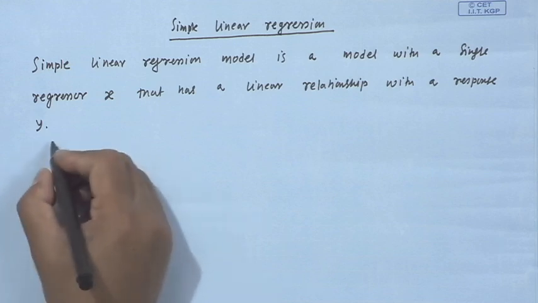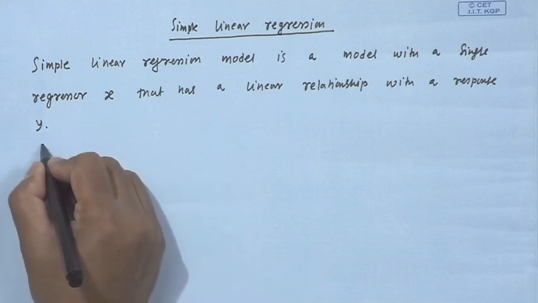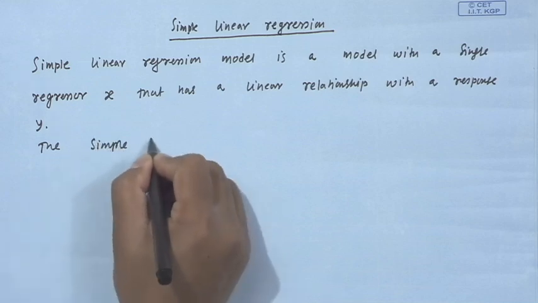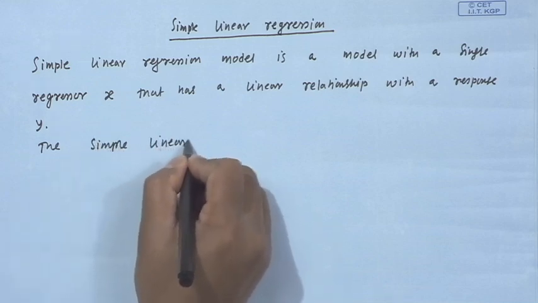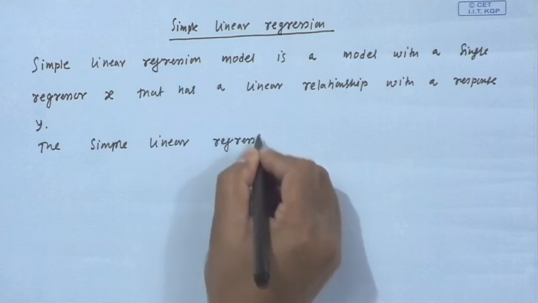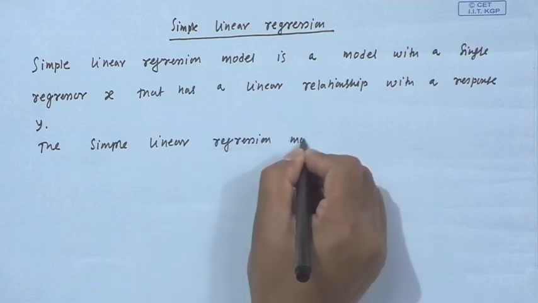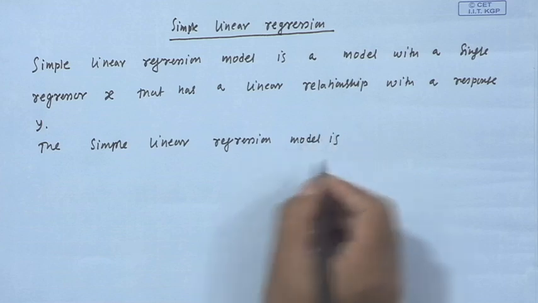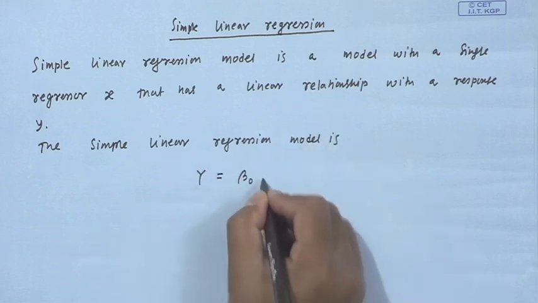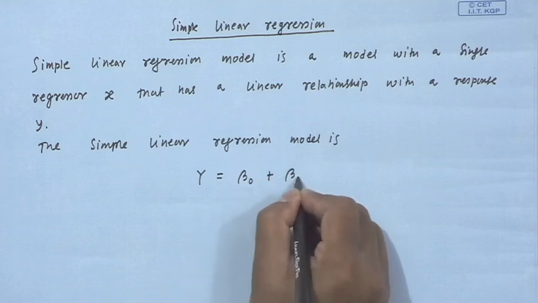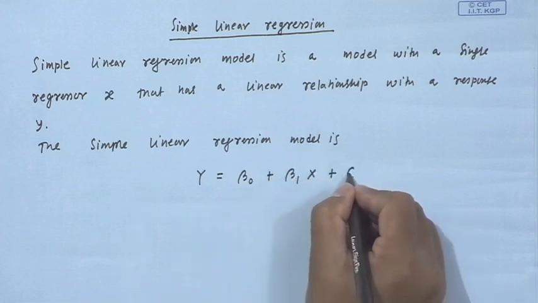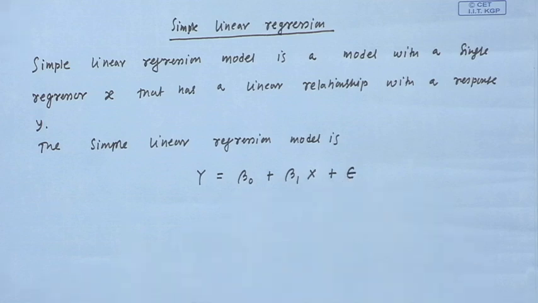Okay. So, the simple linear regression model is y equal to beta naught plus beta 1 x plus epsilon. I will explain it.